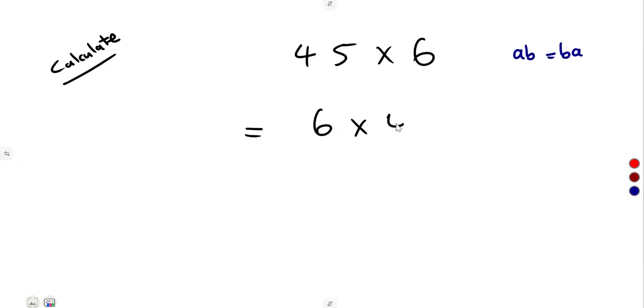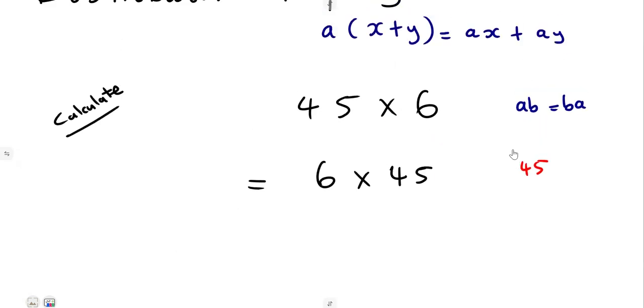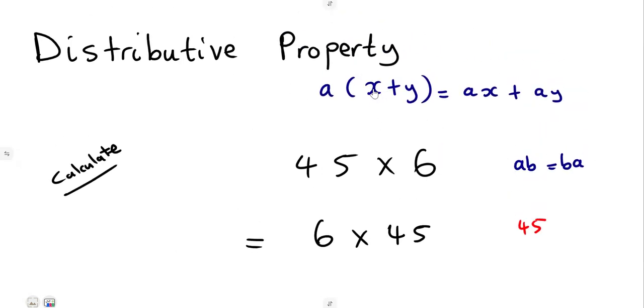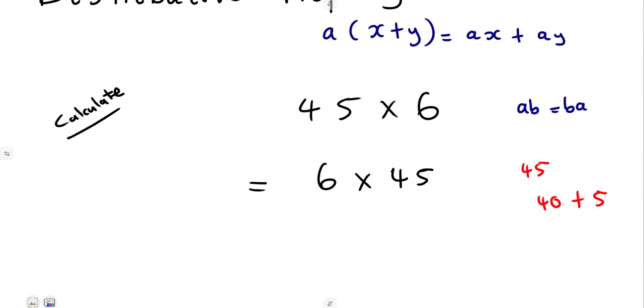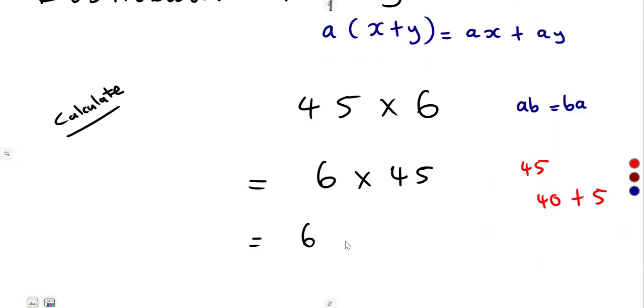So 6 times 45, it's one and the same. I'm just starting with a smaller digit. Then this number 45 can be separated. That is the bigger value that we have. Can it be separated into 2? Because we want to use our distributive property. 2 numbers, x plus y. So 45 is 40 plus 5. So this is 6 times 45, 40 plus a 5.